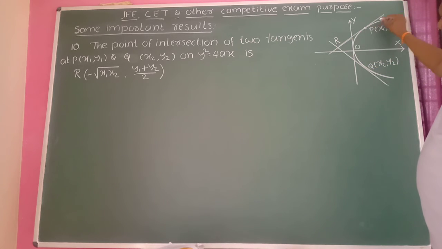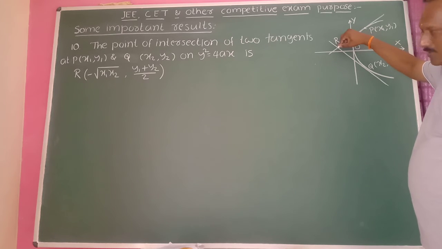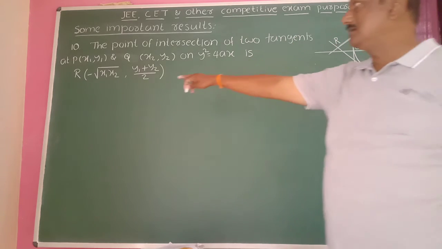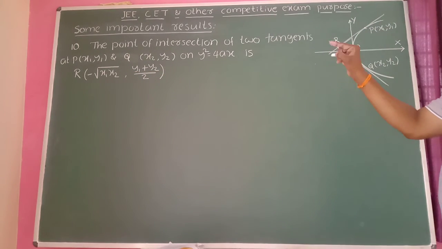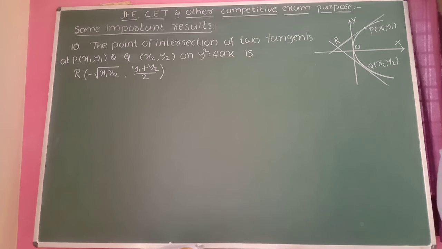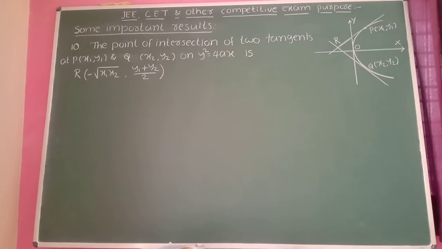PR is the tangent at the point P, and QR is also a tangent at the point Q. Both tangents meet at the point R. The coordinates of this point of intersection are as given here, which gives the point of intersection of the two tangents at the points P and Q.